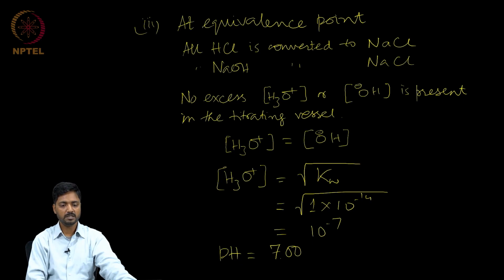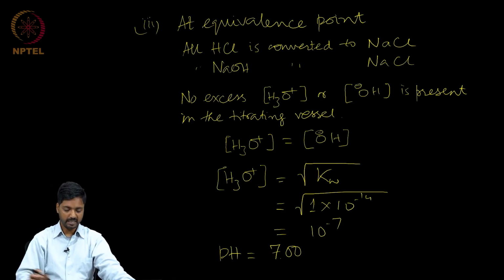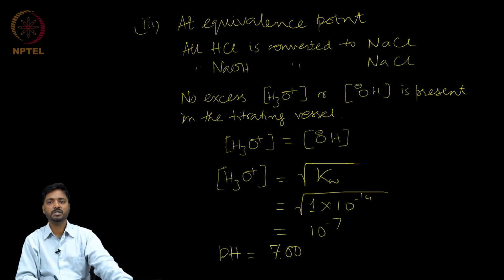Now, let us look at what happens in the fourth and the final case here, that is when a little excess of sodium hydroxide is present. But before that, I want to also highlight that when we added the initial 20 ml of sodium hydroxide, the pH change was less than 1 pH unit.